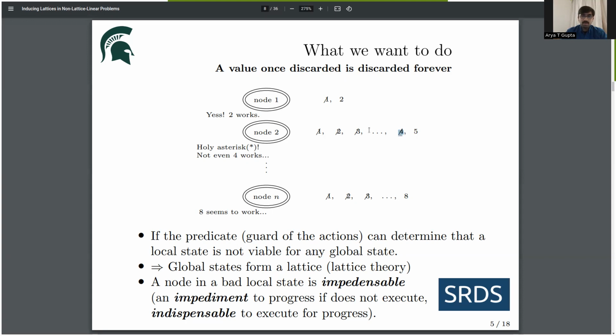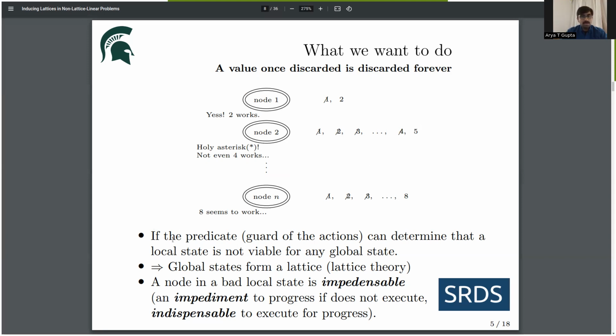It does not go back to 3 or 2 or 1 because it has already discarded 1, 2, and 3, deciding that all these values are not good for any optimal global state. So it does not have to go back. It only has to move forward. So it goes from 4 to 5.